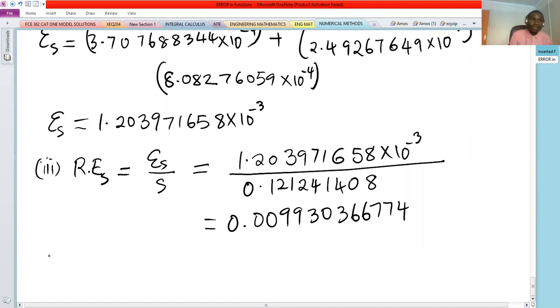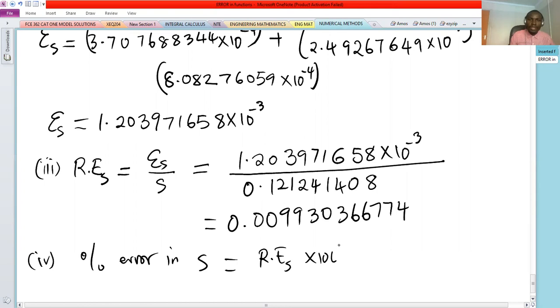Roman 4, the percentage error in S is simply given by the relative error in S multiplied by 100%.